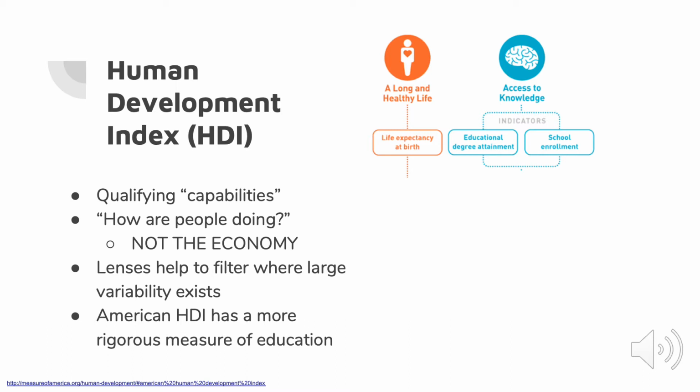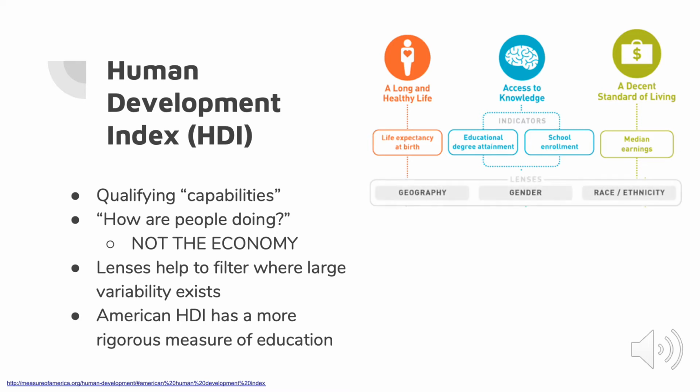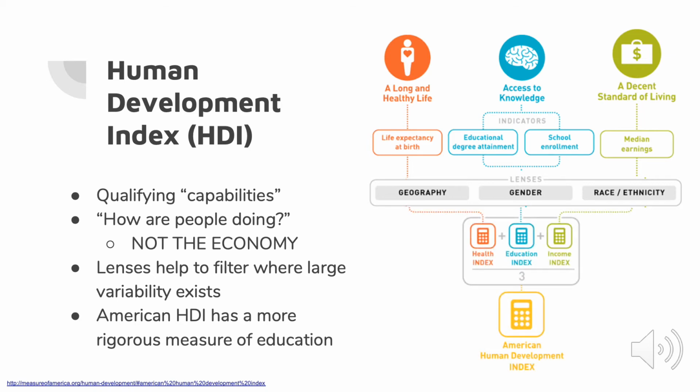The final piece of the calculation is concerned with the capability of control over one's material environment, and it's measured using the median earnings of all citizens aged 16 and above who work part or full-time jobs. Each of these factors can also be filtered through a lens depending on several different factors. Life expectancy varies based on geography even within the United States, so this is considered in the calculation.